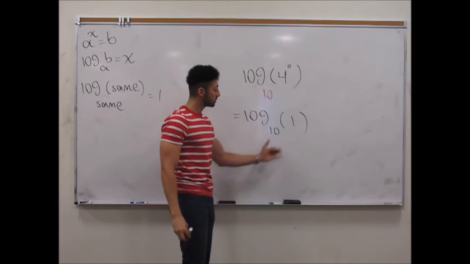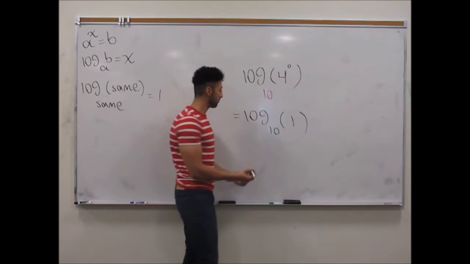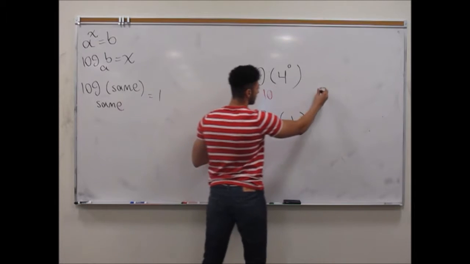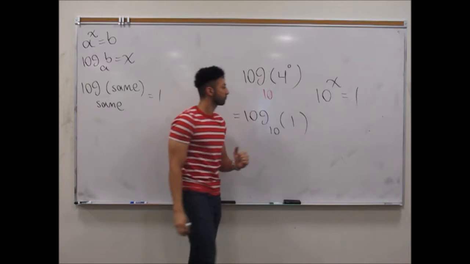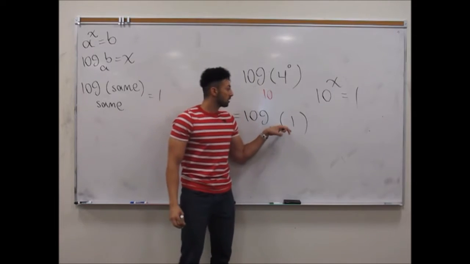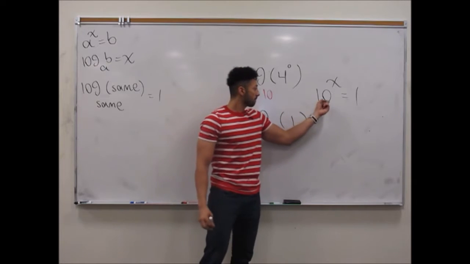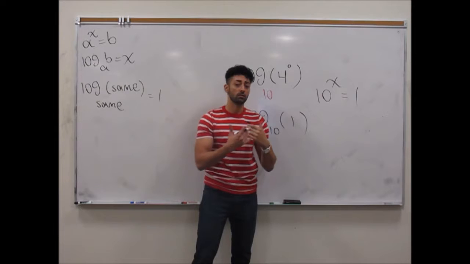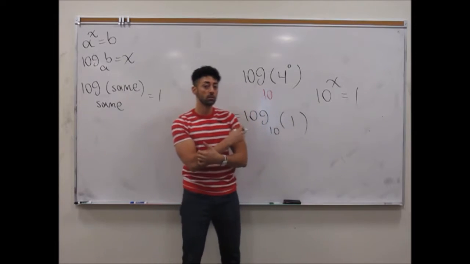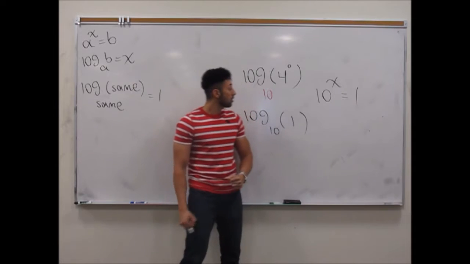Okay, so now what this is saying is 10 to what power is 1? And let's write that in exponential form if we'd like. 10 to what power is equal to 1? It's kind of referring back to this guy again, because the only way that raising 10 to a power would give us 1 is if it were 0. That's the only value that would make that true.